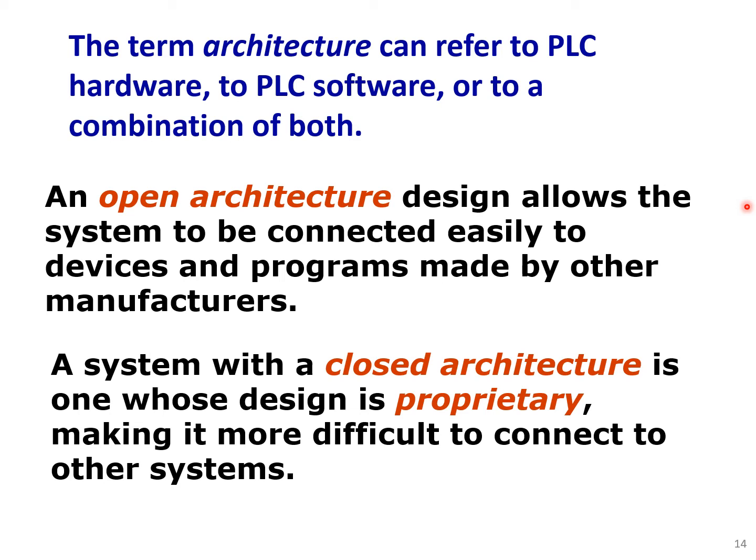So that architecture could be used for both software and hardware. Now we have two kinds of architecture: open architecture and closed architecture. An open architecture design allows the system to be connected easily to devices and programs made by other manufacturers.